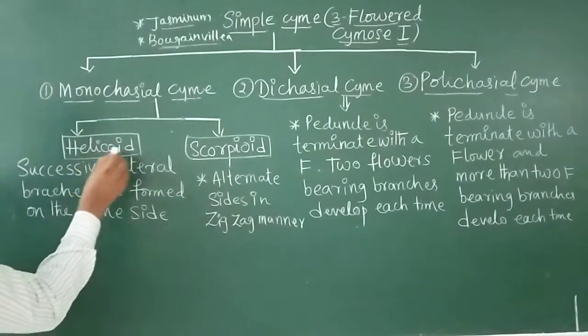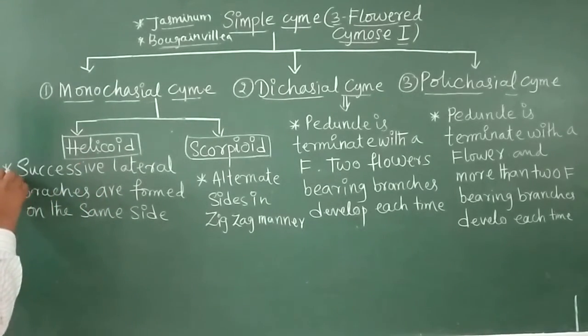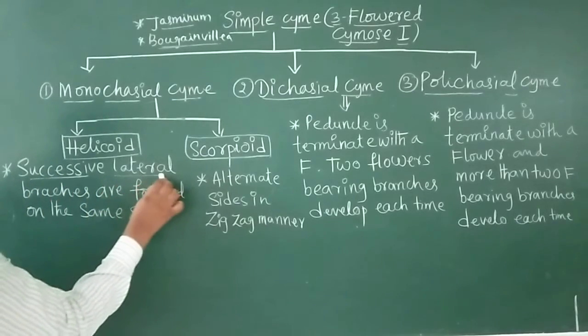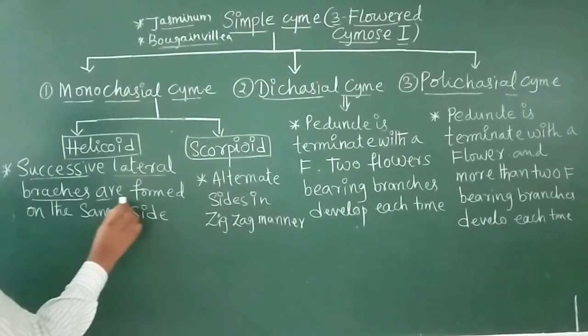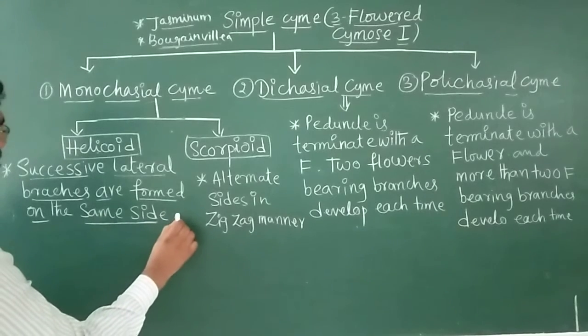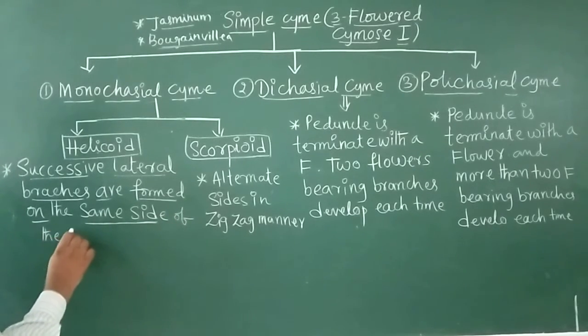So what is a helicoid? Helicoid means successive lateral branches are formed on the same side of the peduncle.